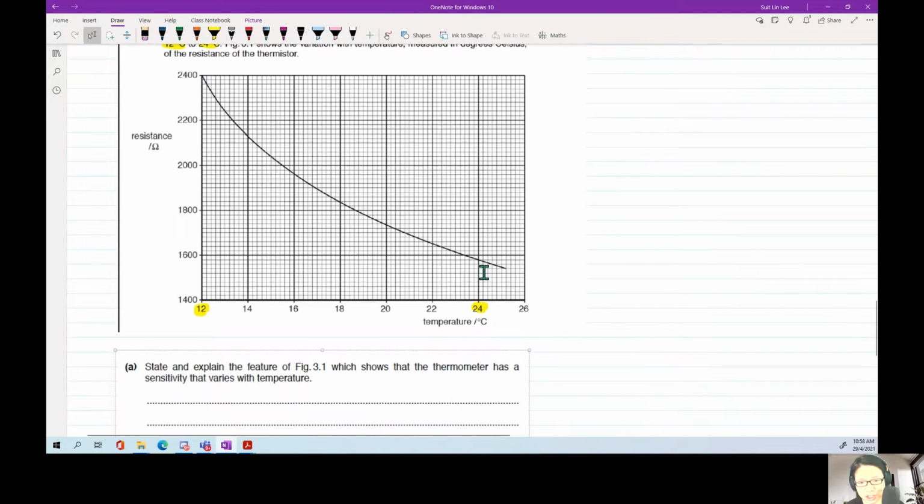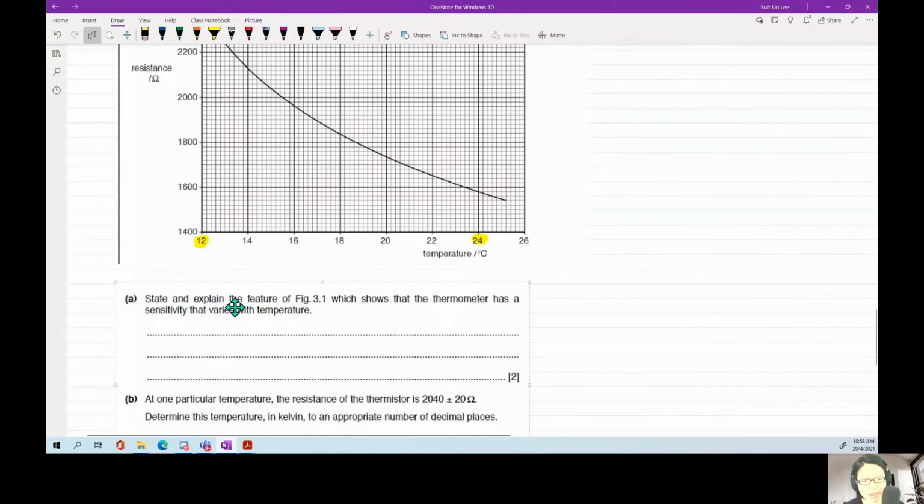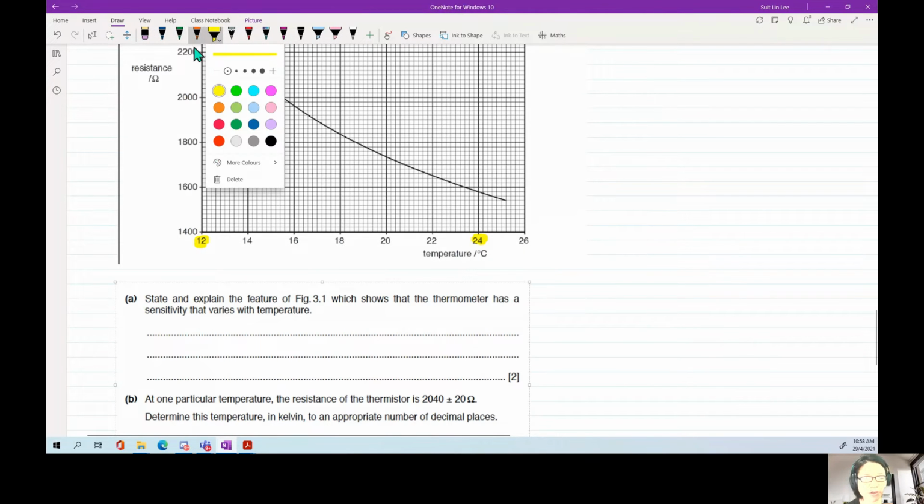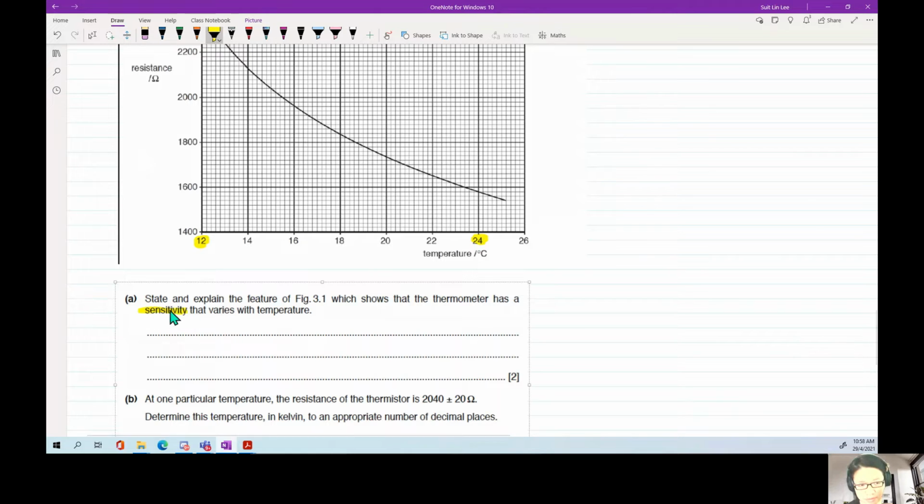So you can see with more charge carriers at higher temperature, the resistance has dropped. State and explain the feature in figure 3.1 that shows that the thermometer has a sensitivity that varies with temperature. Okay, not resistance that varies with temperature because that is Captain Obvious, but sensitivity.